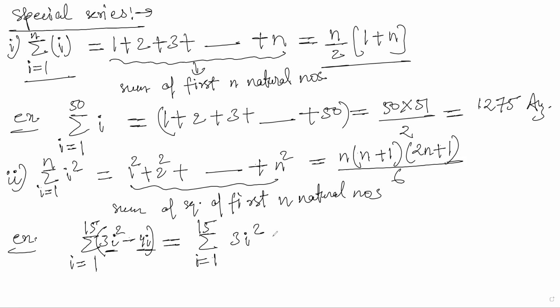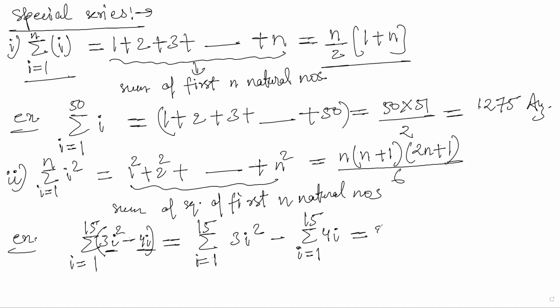Sigma i from 1 to 15 of 3i square minus sigma of 4i, because we are subtracting these two functions, so we can distribute sigma. Sigma can be distributed over addition and subtraction, so this is valid. Now I can take 3 out and 4 out of the sigma.